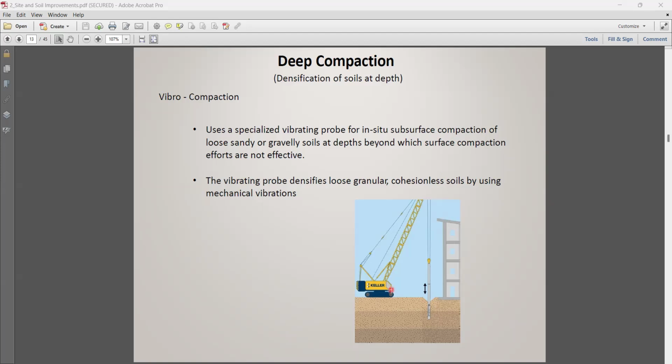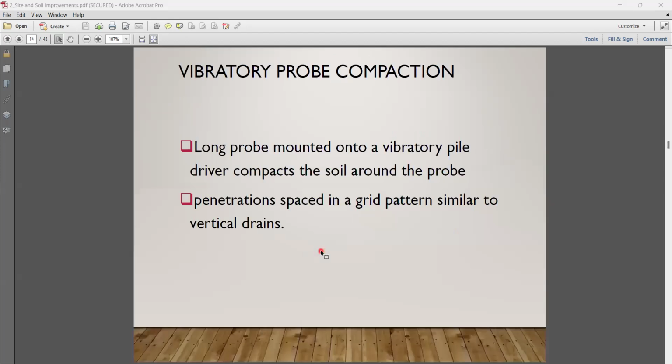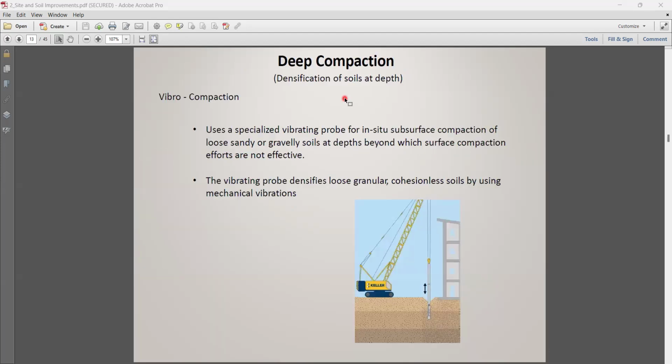It means the voids are removed and the concrete mix, fine aggregate, coarse aggregate, water and cement, is brought together. So vibrocompaction or vibratory probe compaction is the same thing, and that is also effective for cohesionless soils.